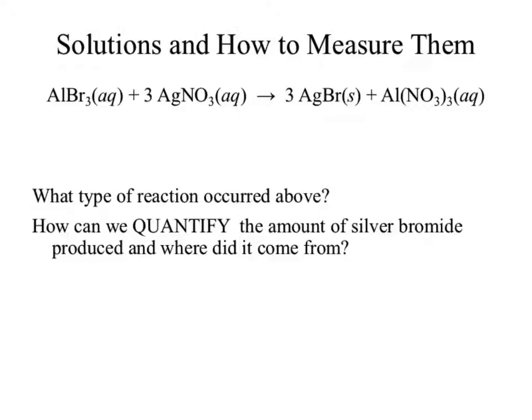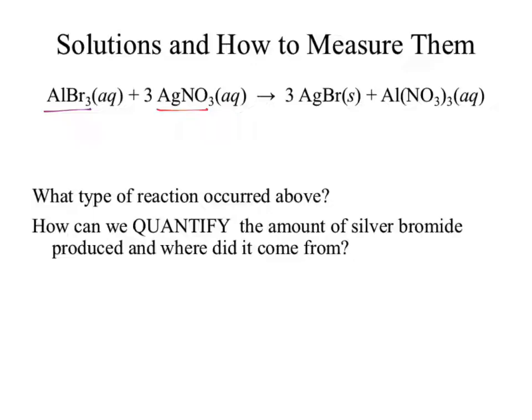Where did that silver bromide come from? It came from the chemical reaction of silver nitrate and aluminum bromide. So I could go through and quantify how much silver nitrate I started with and use that to interpret how much silver bromide I end with.